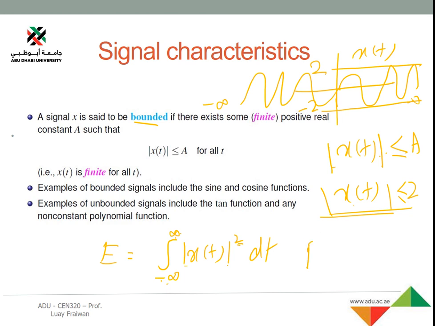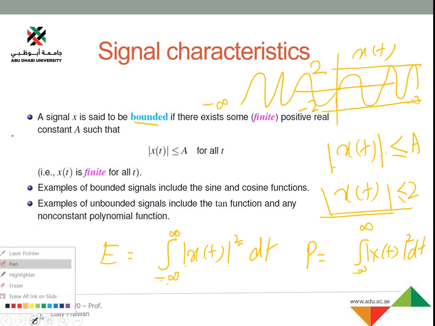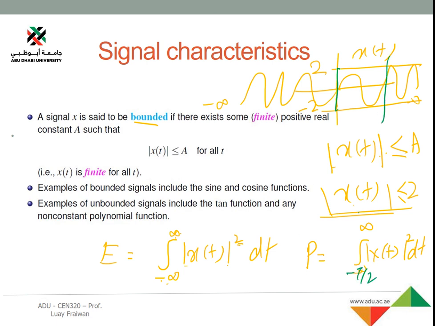If you want to calculate the power of the signal, we do the same thing, we first calculate the energy of the signal, but the difference is that now we integrate over one time period only, for example from -T/2 to T/2, and then we divide by that time period.